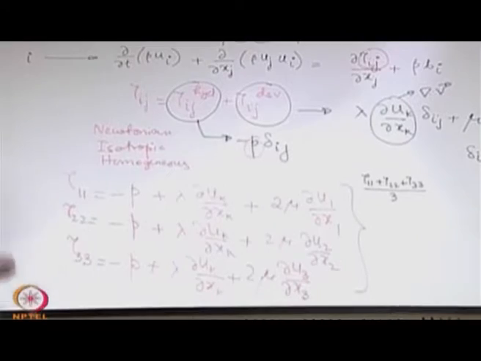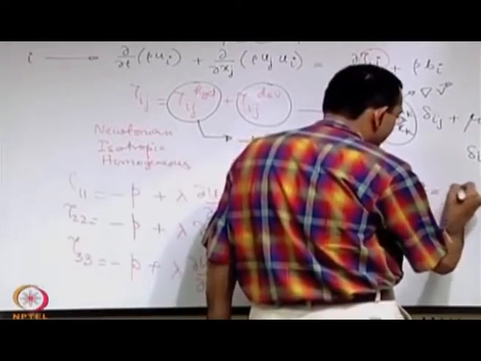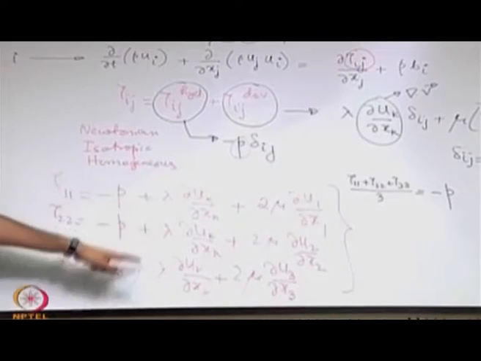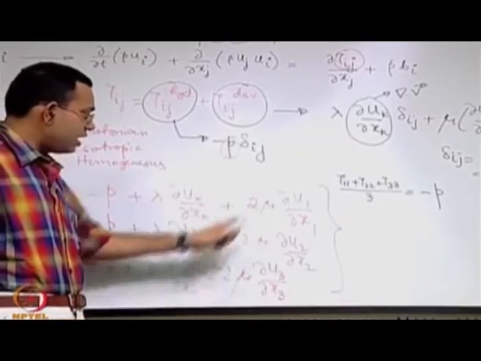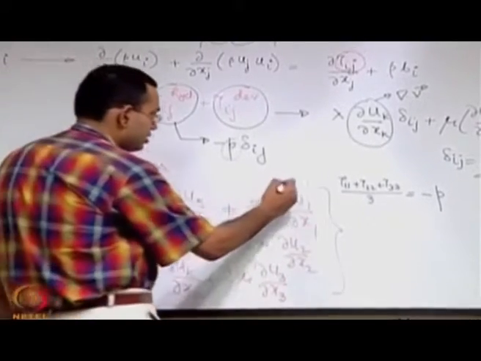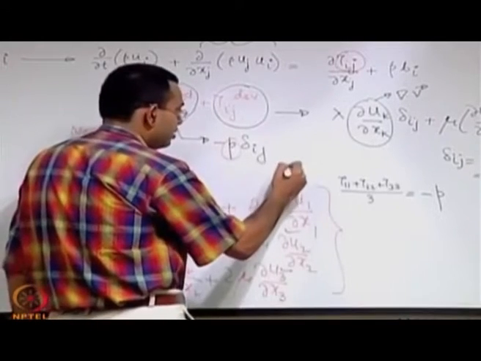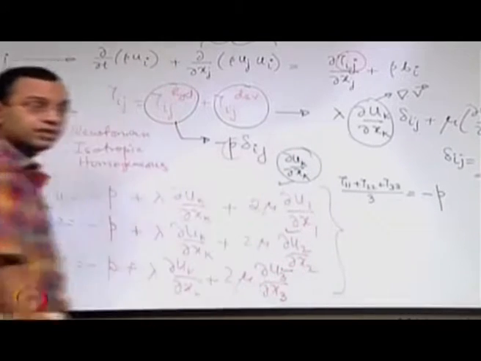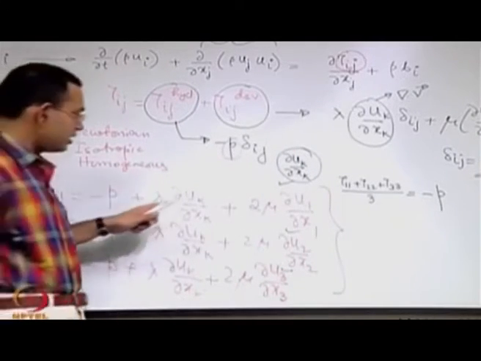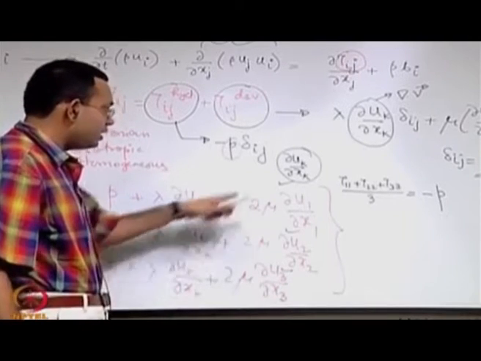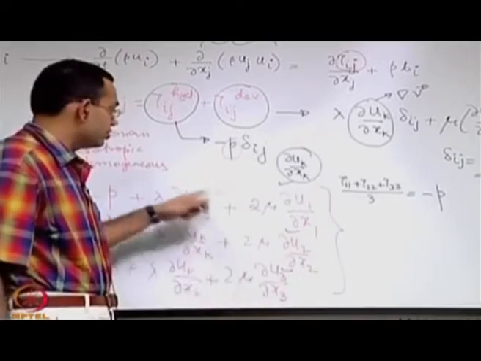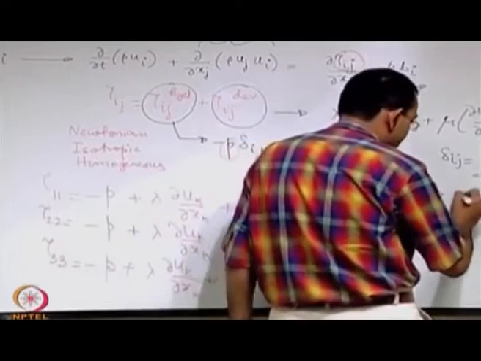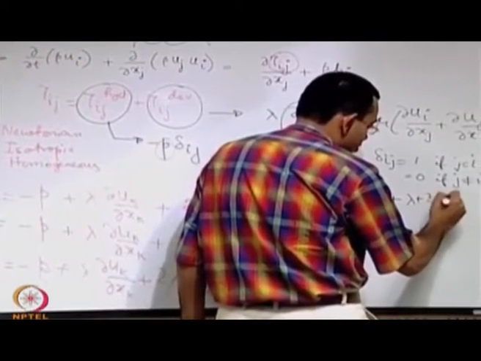If we add and divide by 3, on the right hand side the first term becomes minus P. Then if you add the last 3 terms together, you will get this term. So, you can take here 3 lambda and here 2 mu as common with the del u_k by del x_k term, and that when divided by 3 will become lambda plus 2/3 mu.